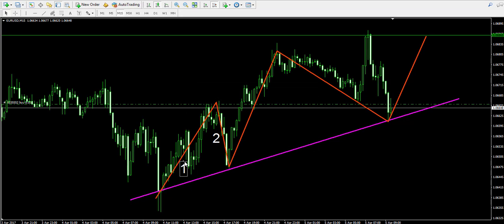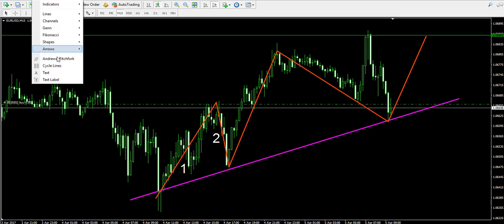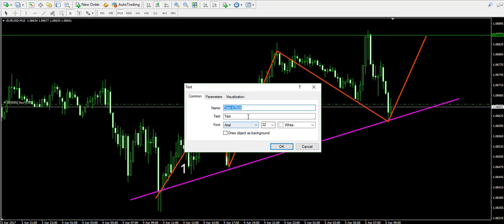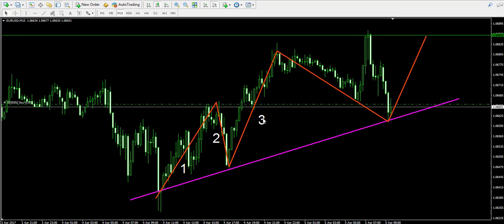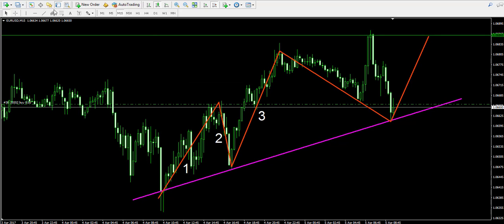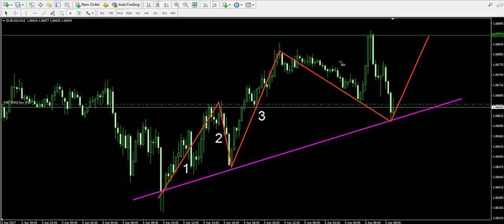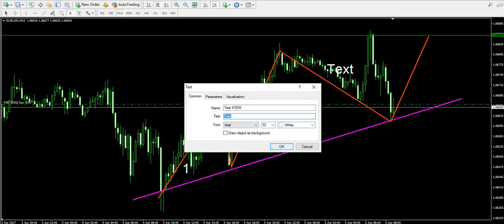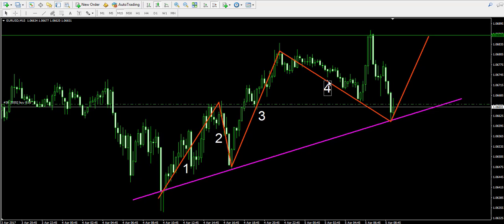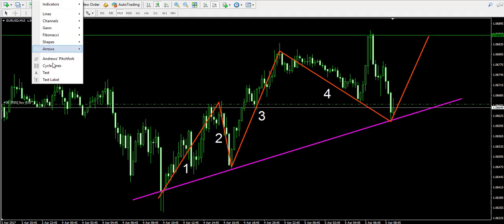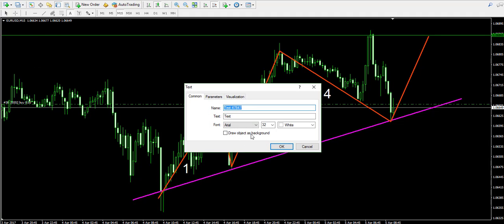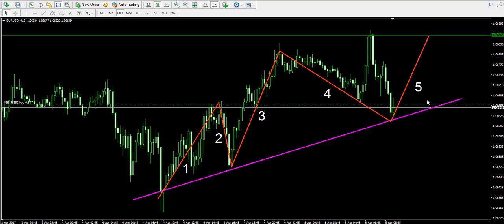Here it is. Text, third wave. Fourth wave now. And now the fifth wave, which I'm trying to trade now. 5. All right.